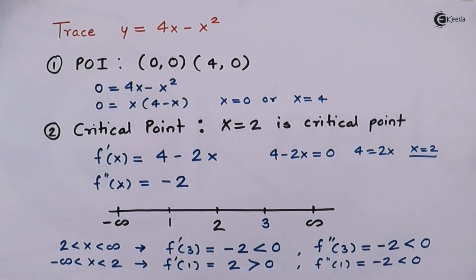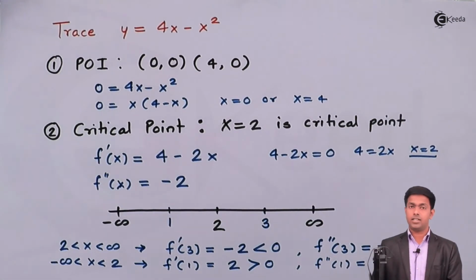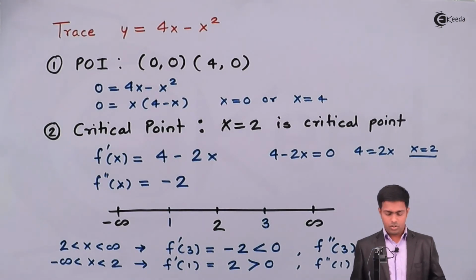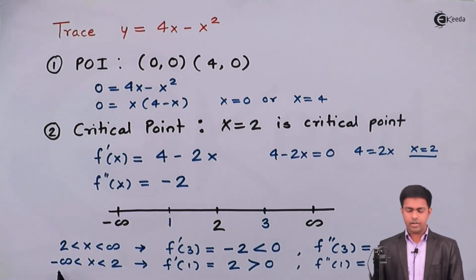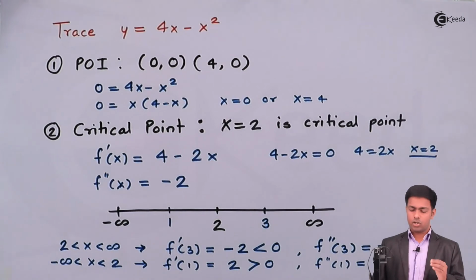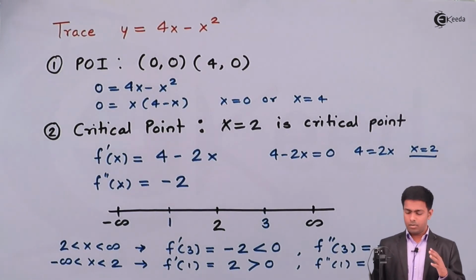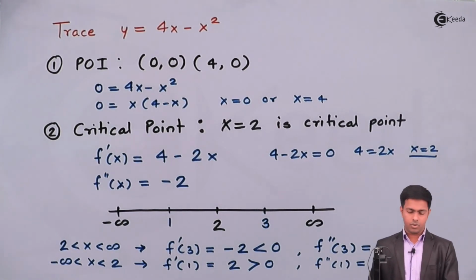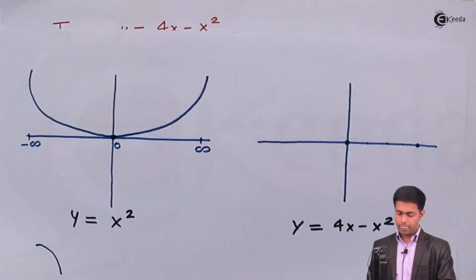So whenever the first derivative is greater than 0, it is an increasing curve, and the second derivative less than 0 means concave downwards. So in this range, negative infinity to 2, it is concave downwards, but it is increasing.